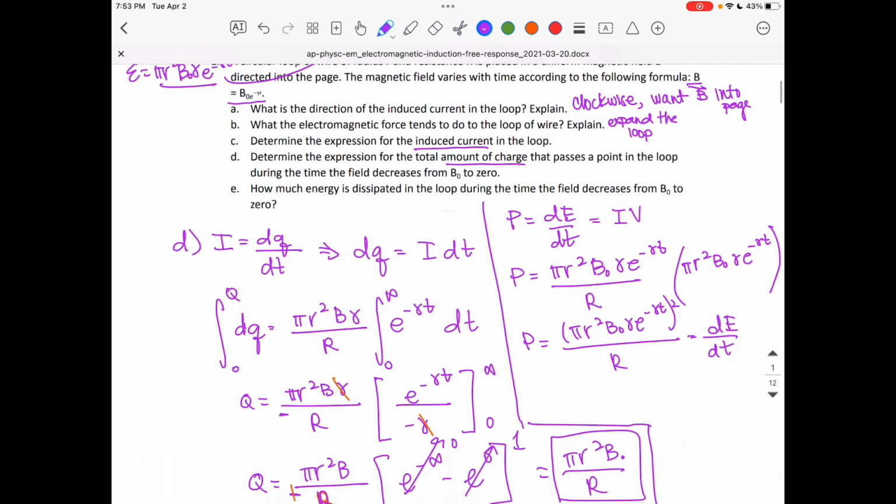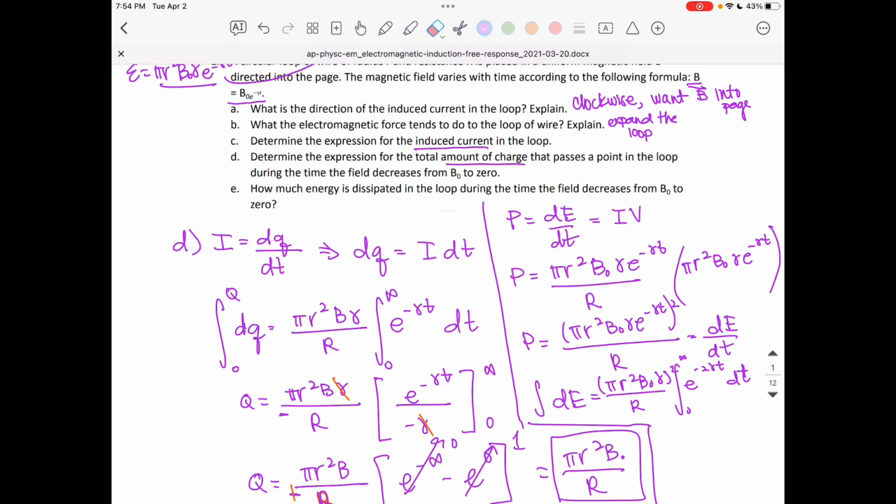or solve for E. So I'm going to take dE is equal to, I'm going to pull out all the constants, square it over R. e also has to be squared, so negative 2 gamma t dt. Integrate both sides, and we're just going to go from 0 to infinity.